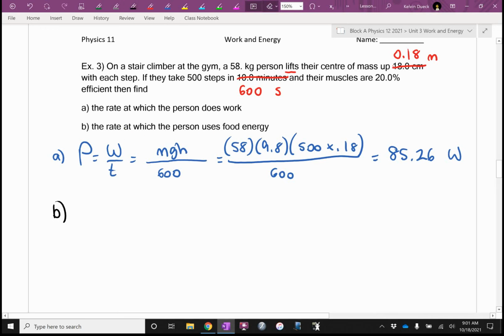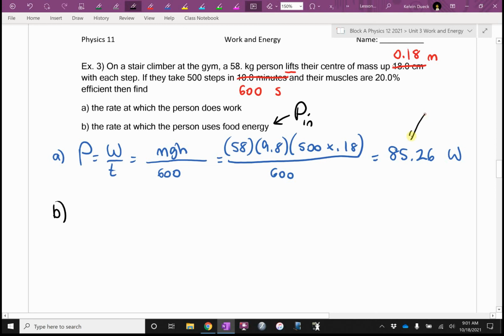The rate at which the person uses food energy. What's this asking me to find? What piece of information haven't I used yet? Efficiency. You know what? I think this is asking me to find the power that this person put into the exercise.